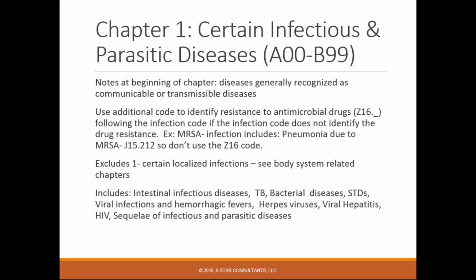That does make it a little complex, but that's why you have to look at Excludes 1, because you would not code both the code from chapter A and B with that body system localized infection in some cases. Excludes 2 means you can code things together. So if you see that, yes, it's okay to code a Chapter A infection with a body system localized infection. Those Excludes 1 and 2 notes are very critical to pay attention to.